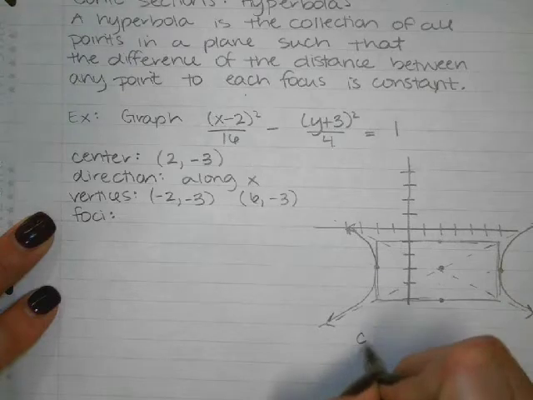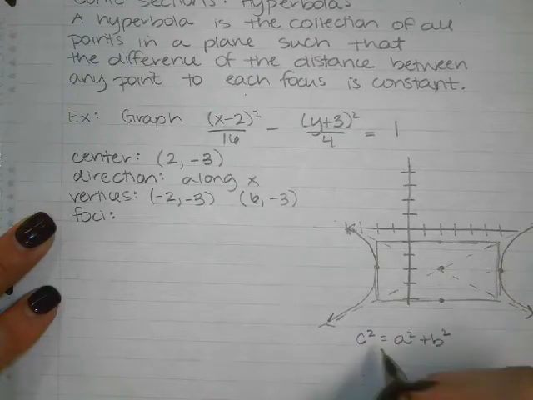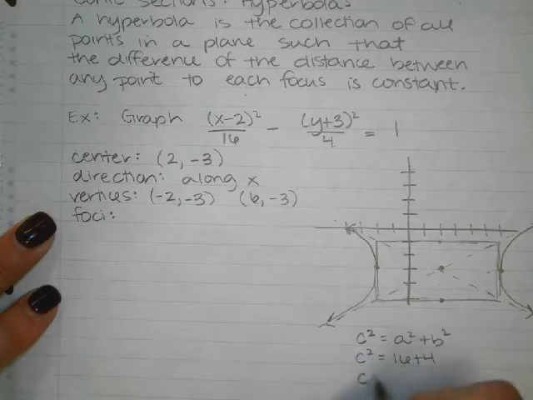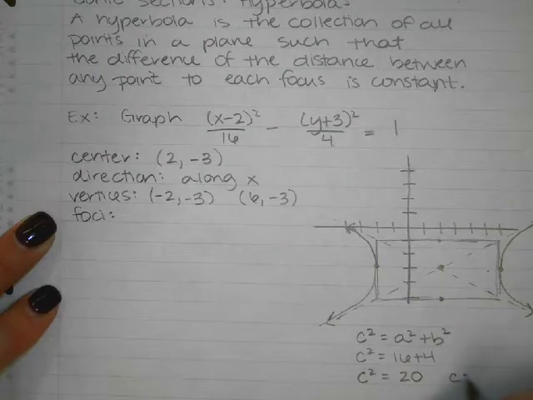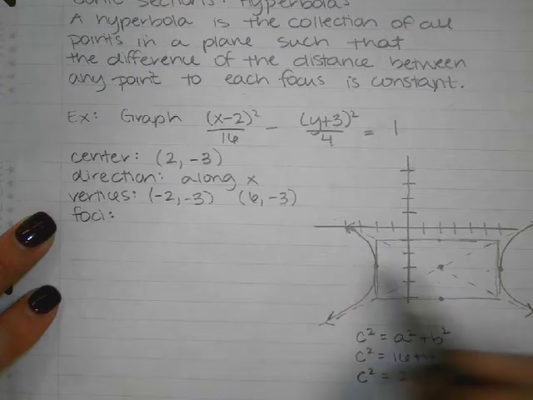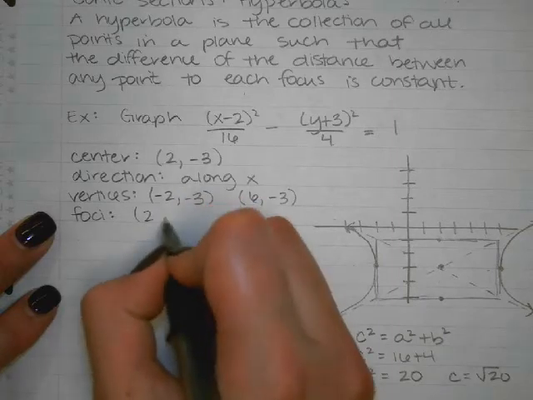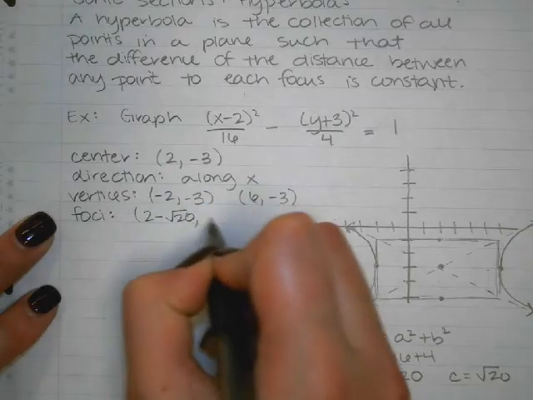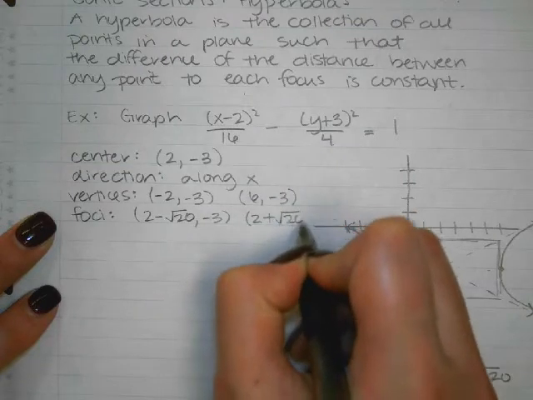And so I'm going to say c squared equals a squared plus b squared, which is 16 plus 4. So c squared is 20, which means that c is the square root of 20. So from the center, I'm going to go left square root 20 and right square root 20.